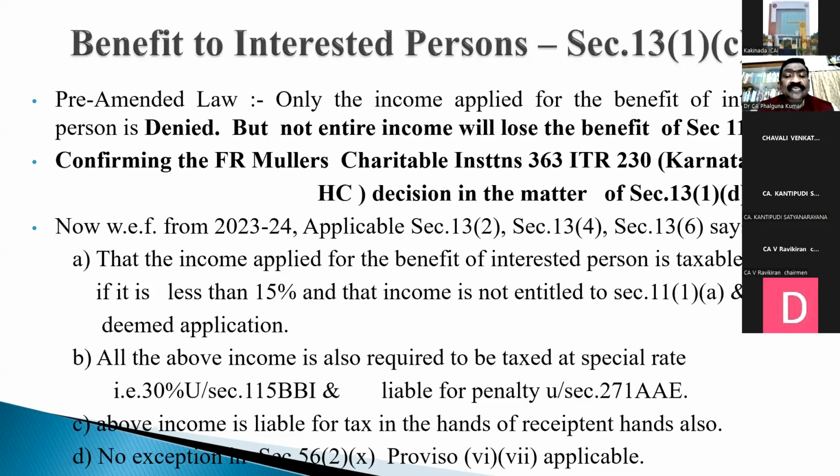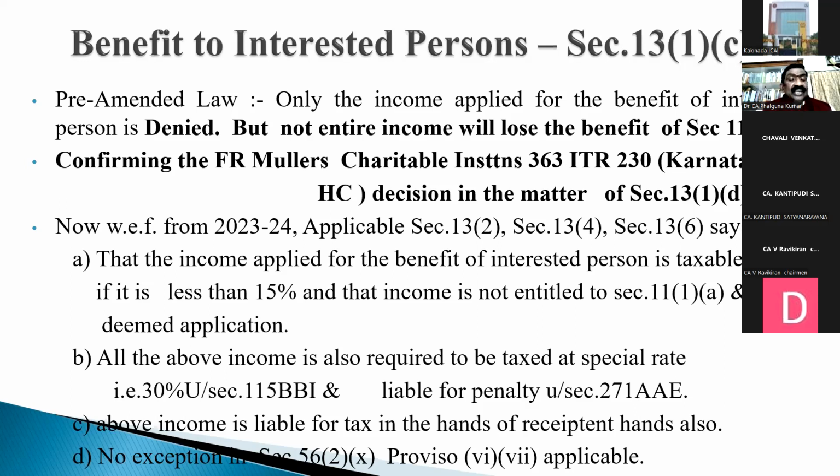For the interested persons, see what the amendments are. Earlier there were controversial decisions. Now the act is clear from 2023-24 onwards. If related party expenses are there, and the interested persons get a benefit directly or indirectly, that much income is not entitled to section 11 exemption.